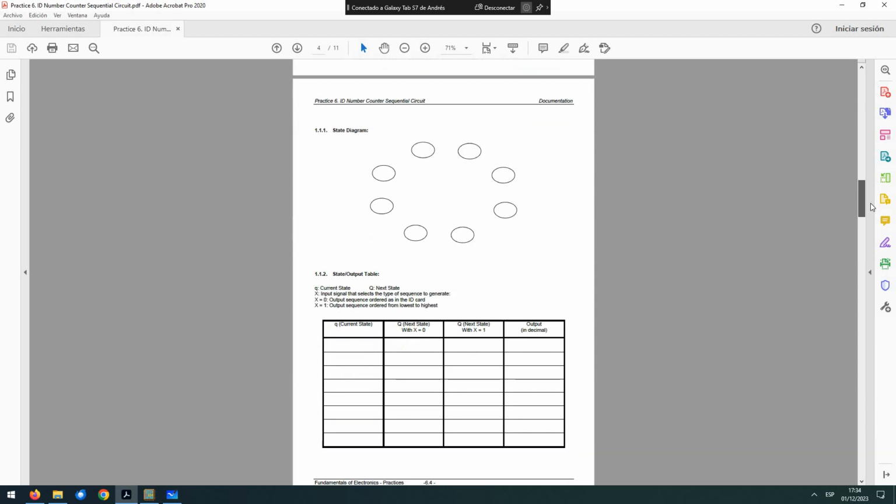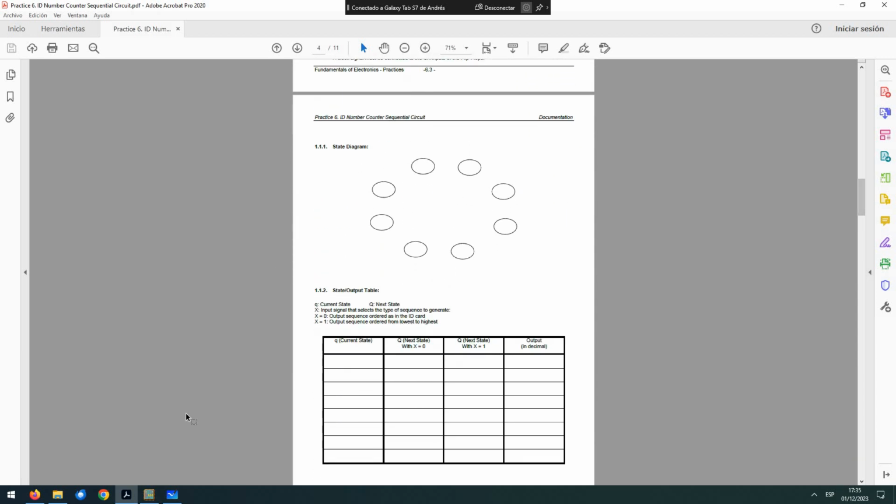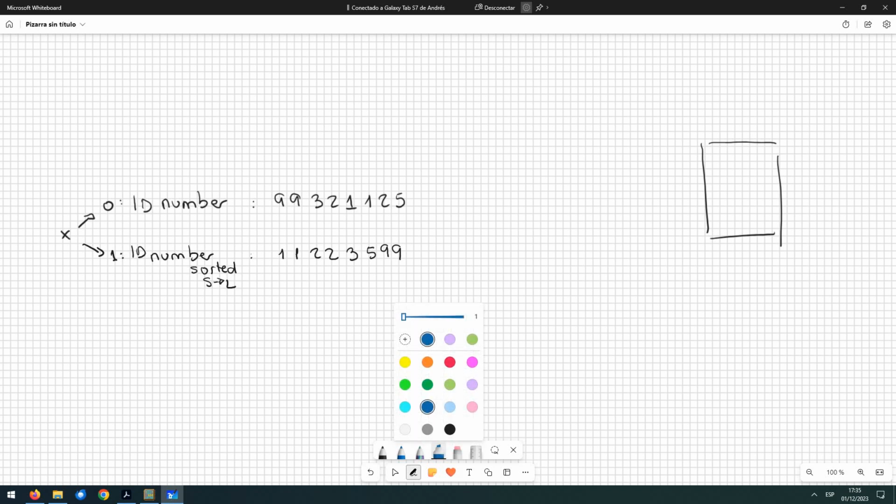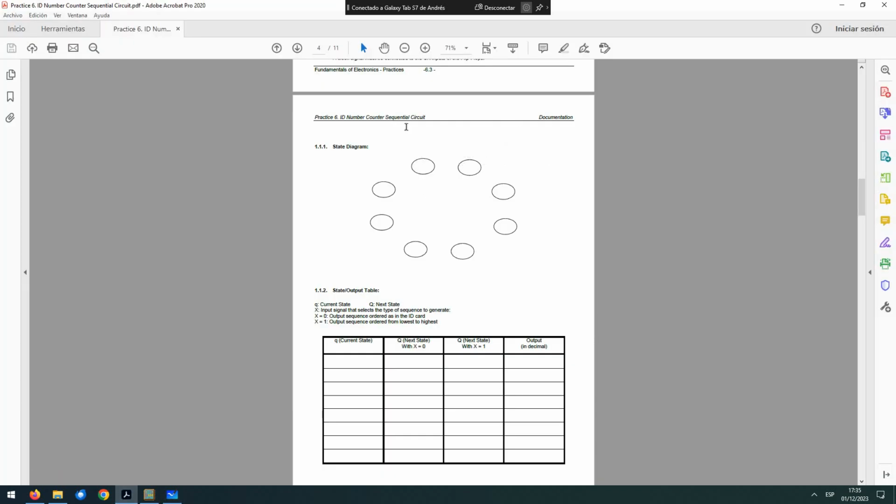If you remember from class, I told you that in the counters it's very important to know in which digit of the sequence we are. So normally we assign a state to each of the digits of the sequence. Since we have 8 digits, we have here 8 states. And obviously, if the state is the most important thing that we have in the circuit, it's going to be a Moore machine.